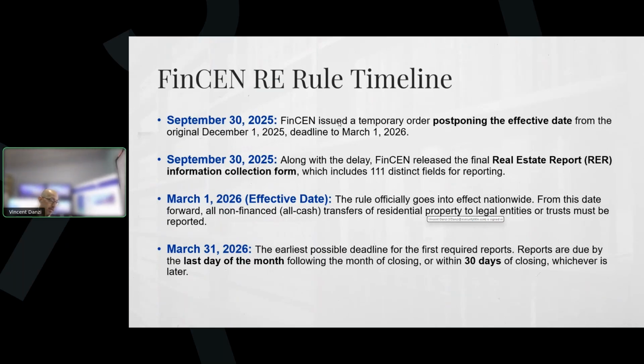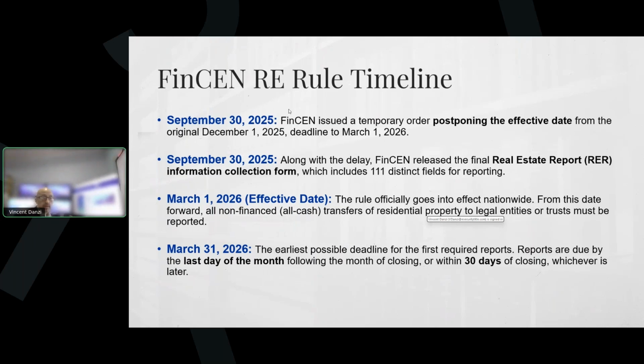If you had something that closed on March 1st, it would be due on March 31st, because unlike the GTOs, which had a rolling 30-day due date, the due date for the real estate rule is the later of 30 days or the end of the month following the month in which the transfer occurs. So that is usually going to give someone at least a month to make this report.